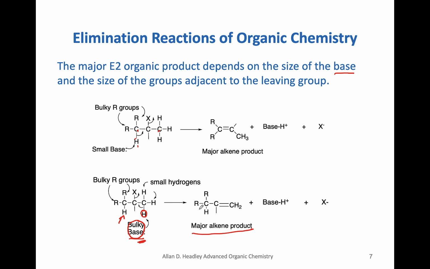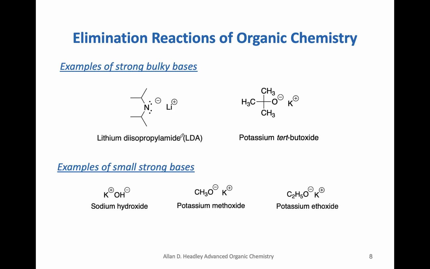So let's see what are some of these bases. An example of a strong bulky base, as we said, is LDA. Lithium diisopropyl amide. Here's the isopropyl group, 1, 2, 3 isopropyl, and it's 2 isopropyl, so it's diisopropyl amide.